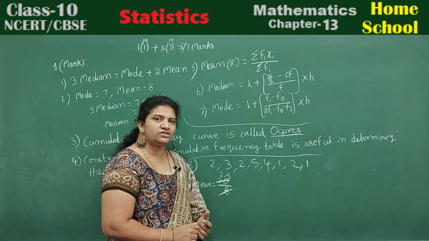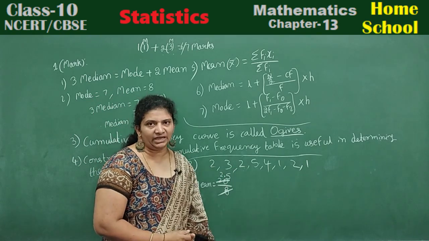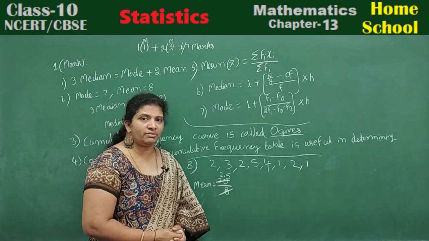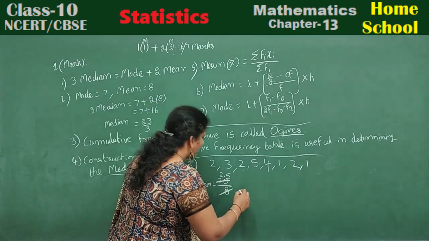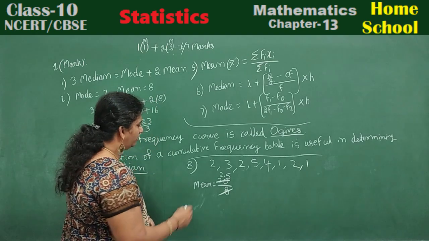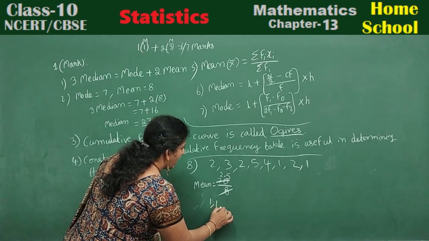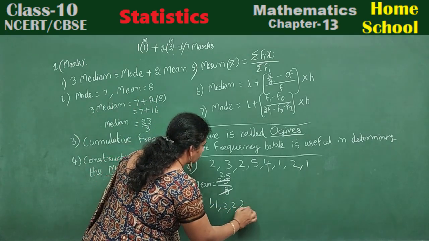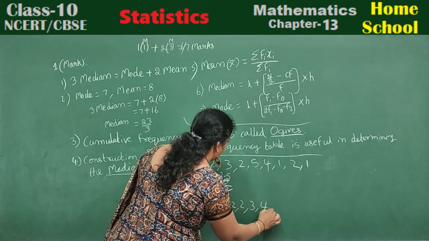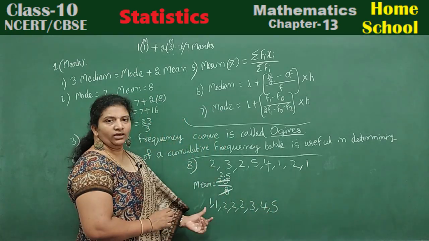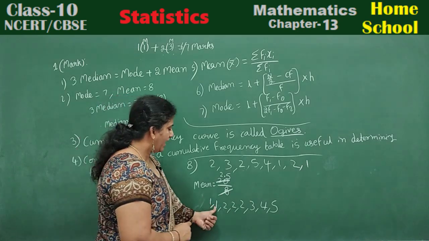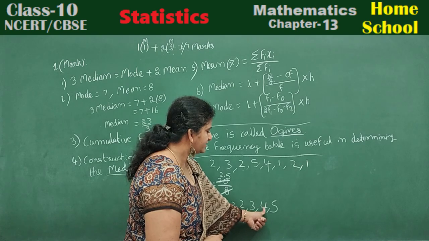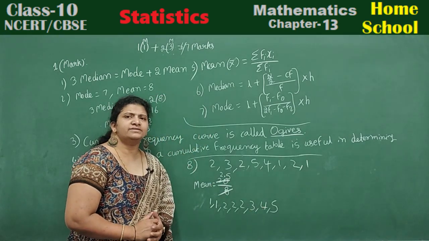And they have a chance of asking median of a given data. Median, what you should remember? In an orderly arrangement of numbers. Let me arrange the numbers in an order. 1, 1, 2, 2, 2, 3, 4, 5. Okay, they are arranged in increasing order. 8 scores.